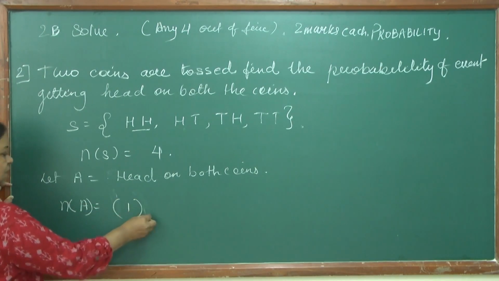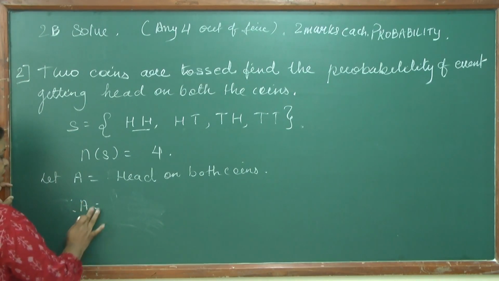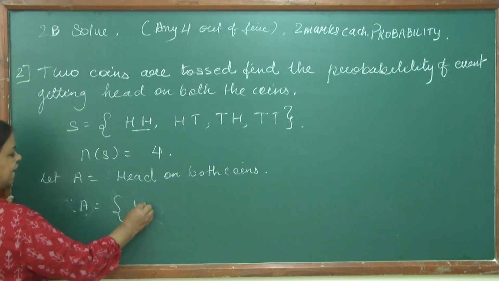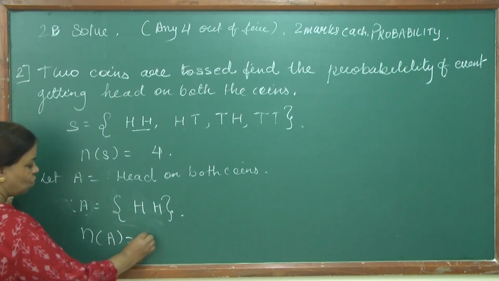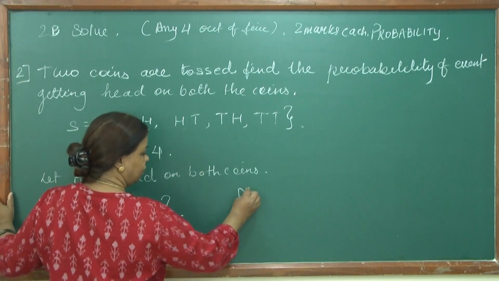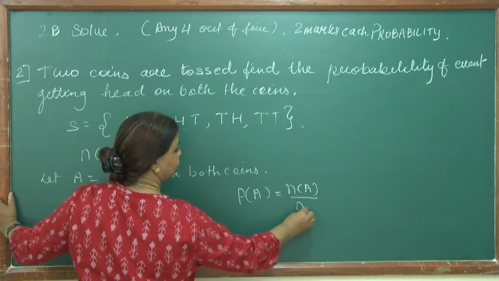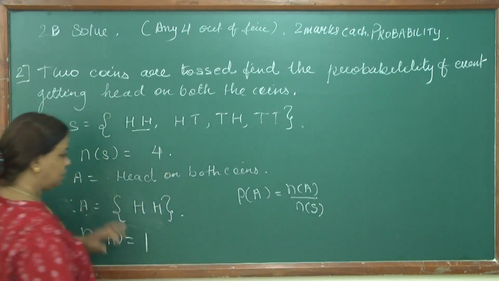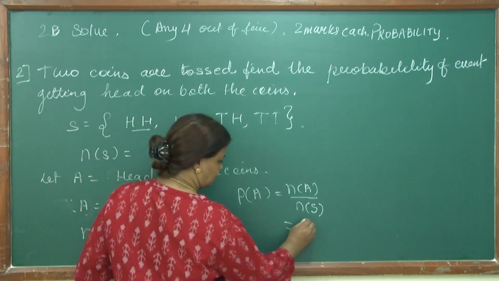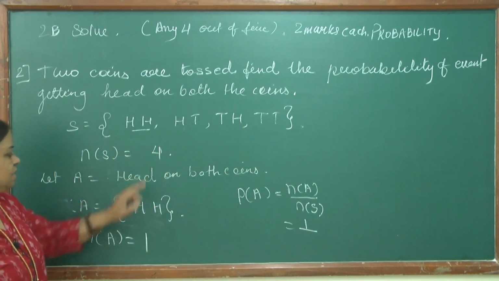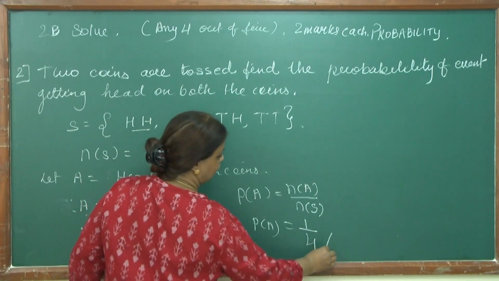First write down the element. A is equal to {HH}. So the number of elements in A will be equal to 1. Probability of A is the number of elements in A upon the number of elements in the sample space. This is the formula. So the number of elements in A is 1 and the number of elements in the sample space is 4. So the probability of A is equal to 1 upon 4.